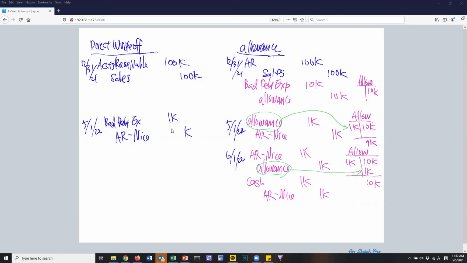Okay, let's recap what we've studied. Again, in the direct write-off method, which is not allowed in the US, we recognized sales and related expense at a different point in time, which becomes not so good. But on the allowance method, we recognize sales and related expense at the same time. Cool.